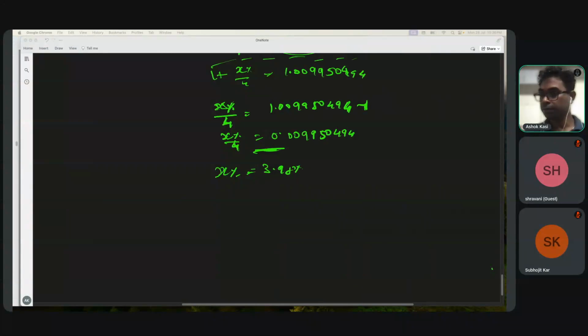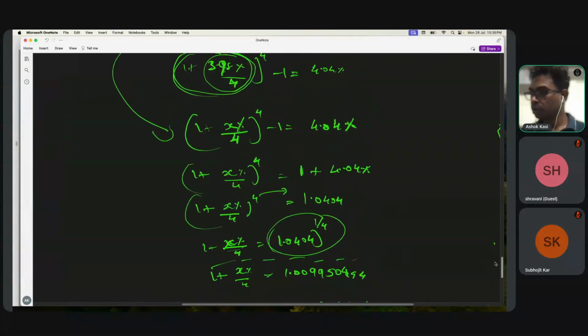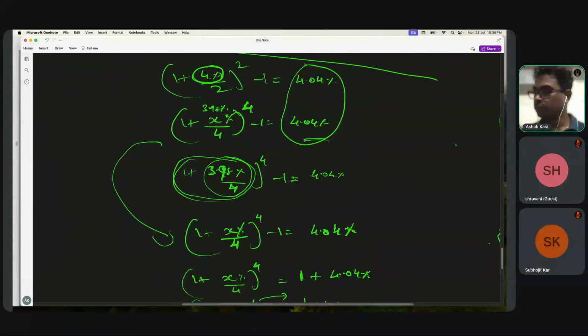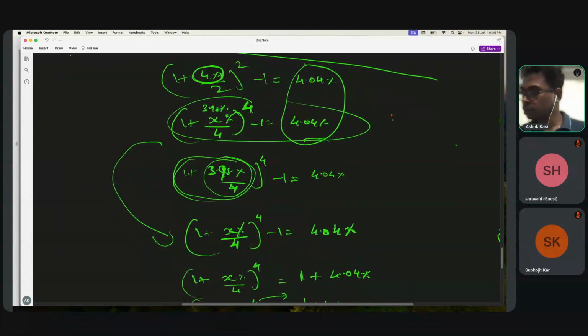Then the next one. This one is just your googly, to say annual pay bond. Annual pay means what here? The same thing. In this case, it's just a googly question. Annual pay means 1 plus x percentage divided by 1, raised to 1, equal to 4.04.